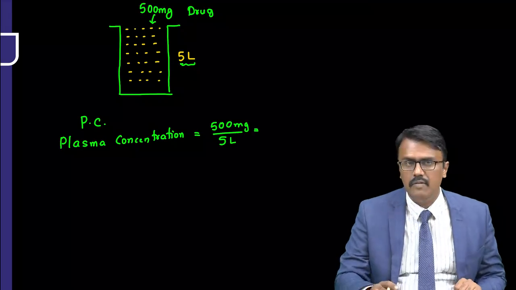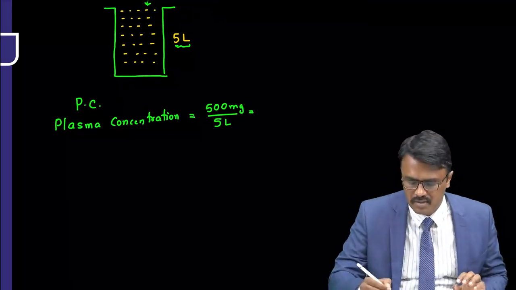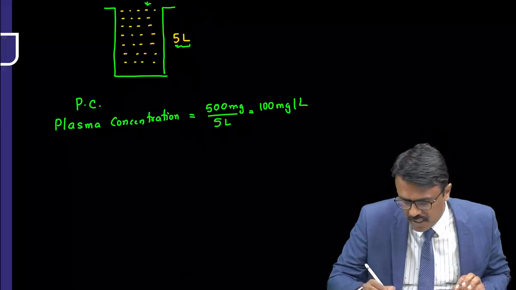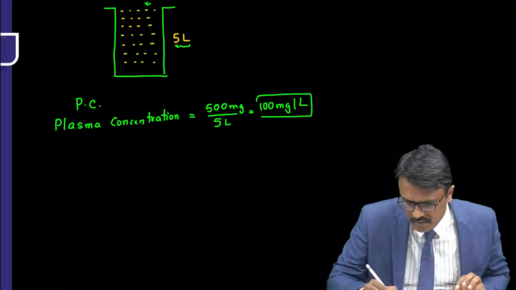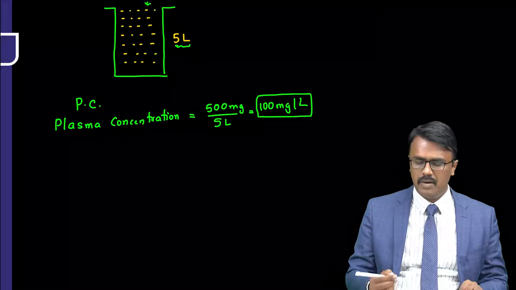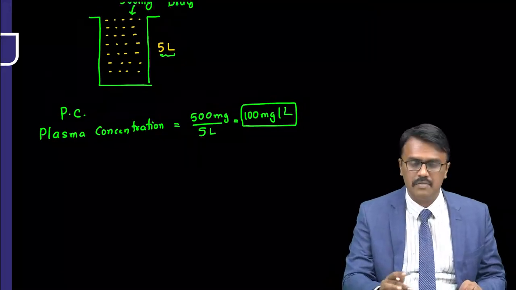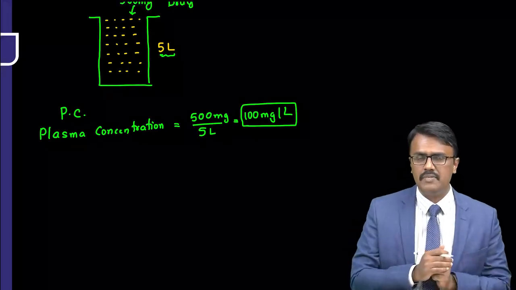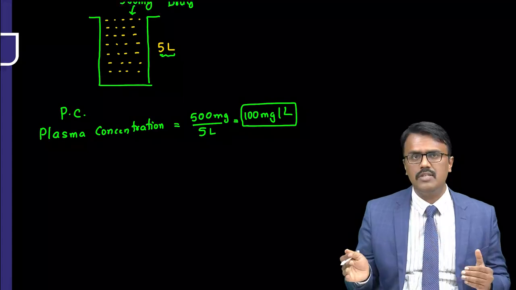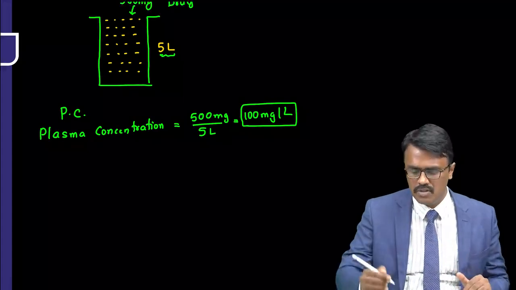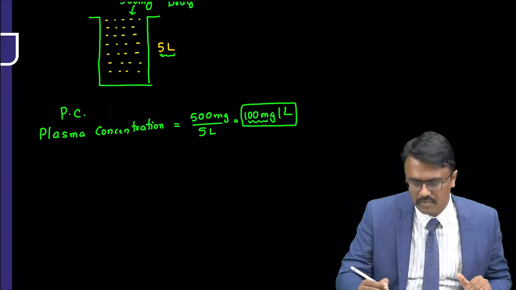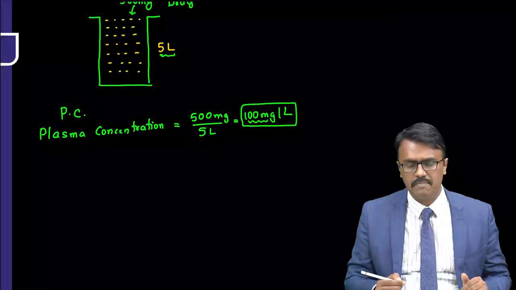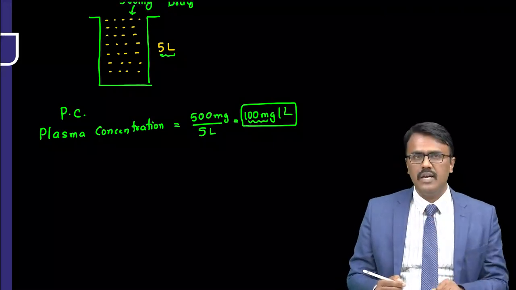That means every liter of plasma contains how much? It is 100 milligrams per liter. So plasma concentration is expressed in milligrams per liter. If I give 500 milligrams of the drug and it is equally distributed, in every liter you will find 100 milligrams. So if I take that jar as plasma or a blood vessel, you will get this concentration. But this is not the ideal situation.